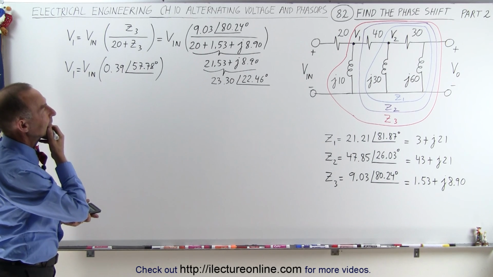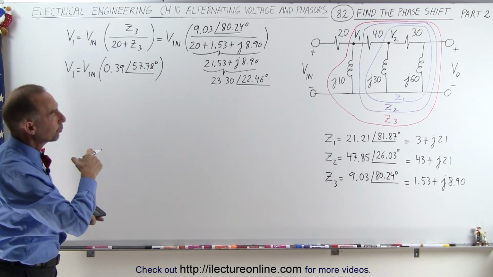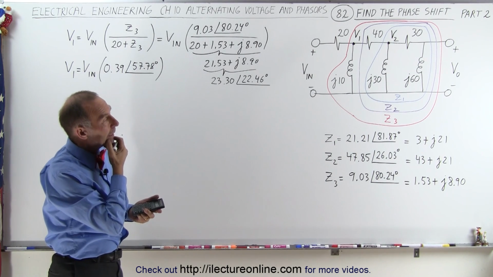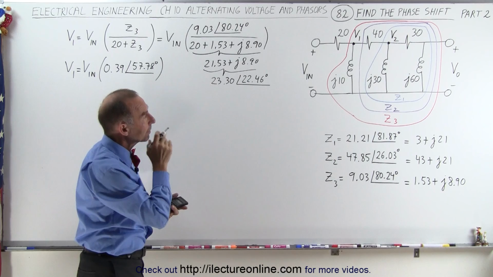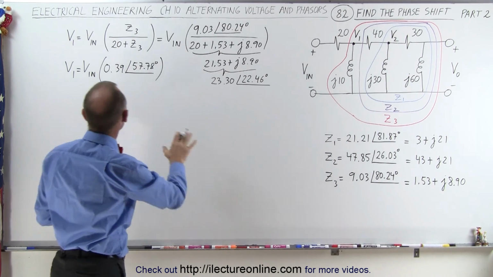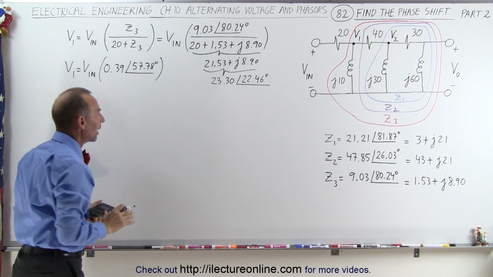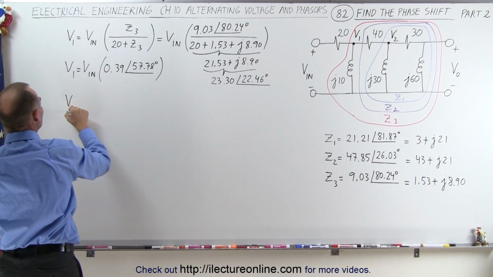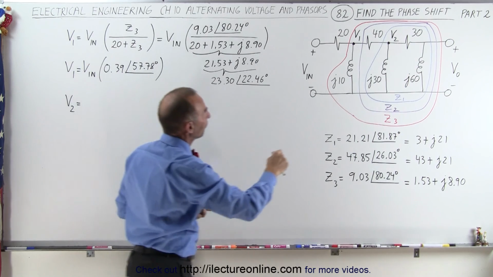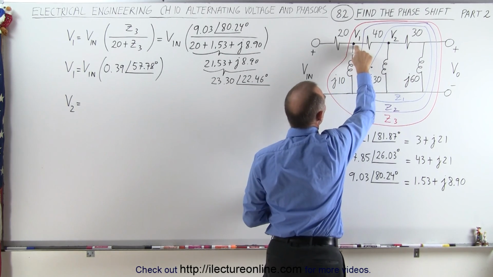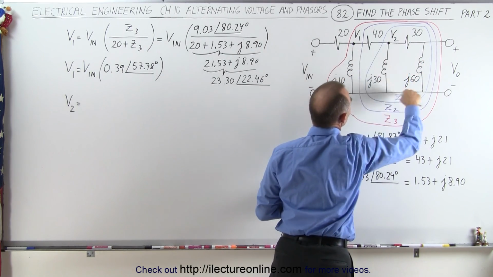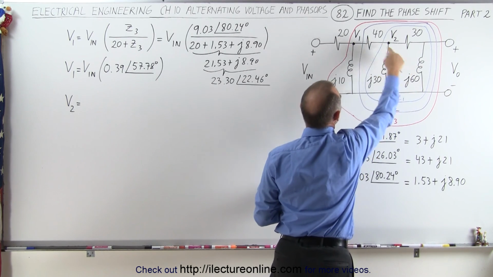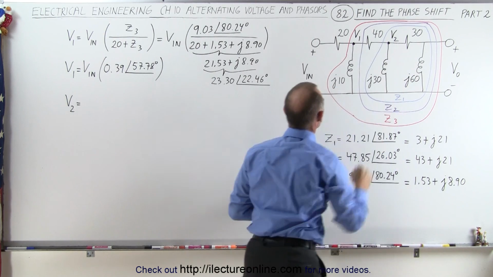Now we're going to have to find V2. We're going to use, again, the voltage divider technique. So let's go for V2 now. V2 is equal to V1 times the ratio of the impedance of this part of the circuit divided by the sum of the two impedances, which would be the 40 plus this right here.